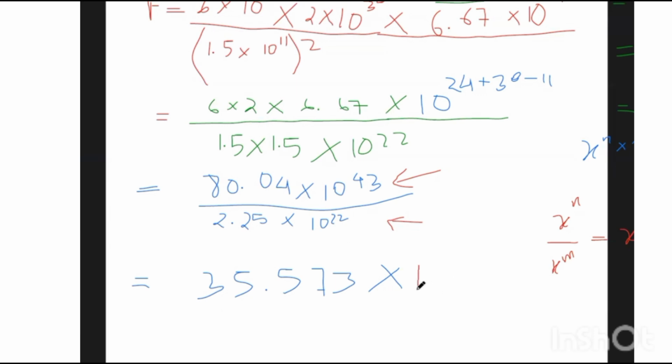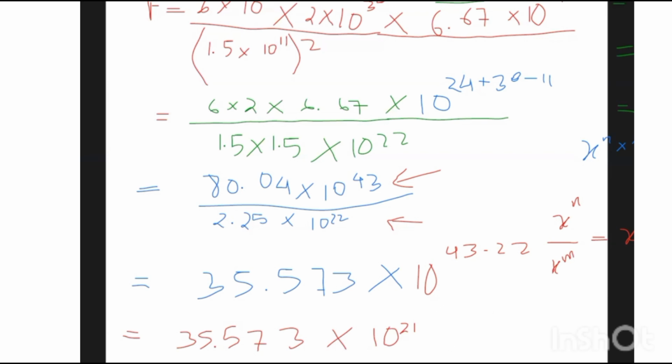So I can write it as 10 to the power 43 minus 22. Okay? So this will become 35.573 times 10 to the power 43 minus 22, which is now 21. We know that. This is the answer.